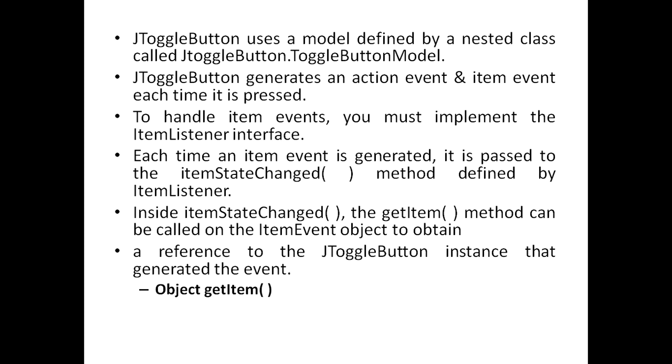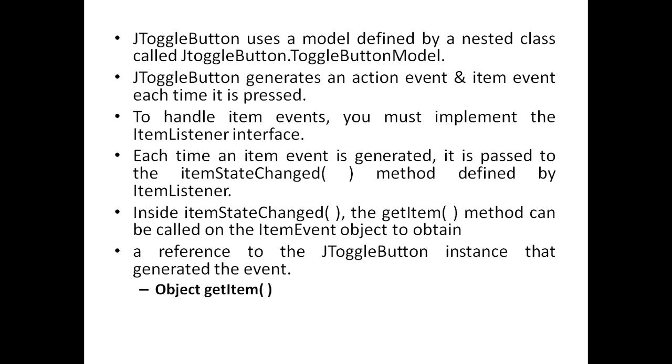Next, JToggleButton uses a model defined by a nested class called JToggleButton.ToggleButtonModel. It is going to generate two types of events, first an action event, and another an item event, each time you press that button.